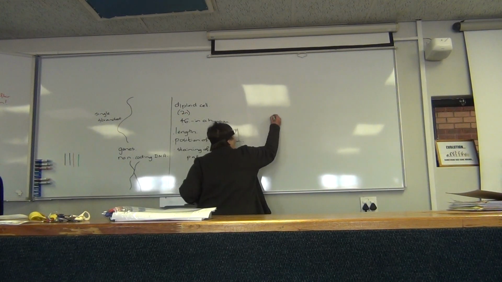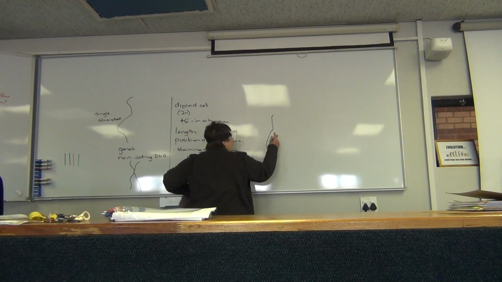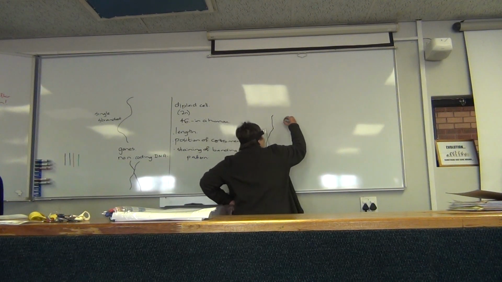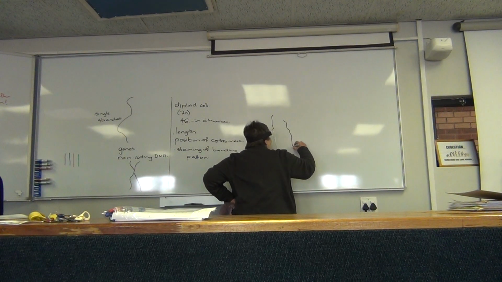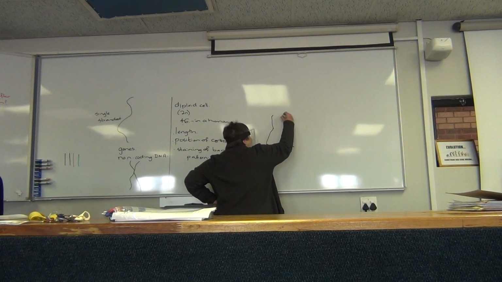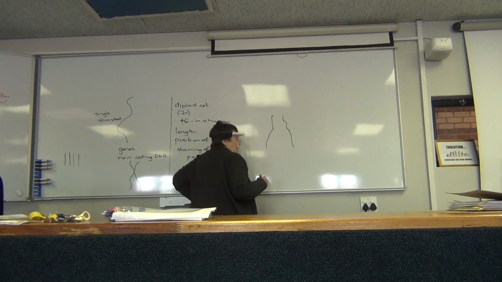Then for every chromosome that is there, with a given length, centromere position and banding pattern, there will be another one within that nucleus that is exactly the same length, has its centromere in exactly the same position, and if stained for banding, would have exactly the same banding pattern.